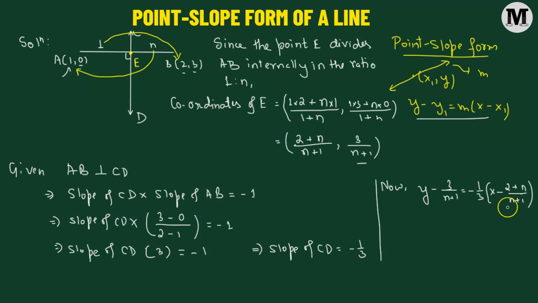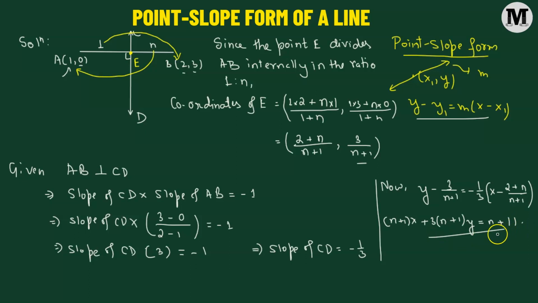So this is the equation of the line. So we can use some standard algebraic method to rewrite the equation as (n plus 1) times x plus 3 times (n plus 1) times y equals n plus 11.